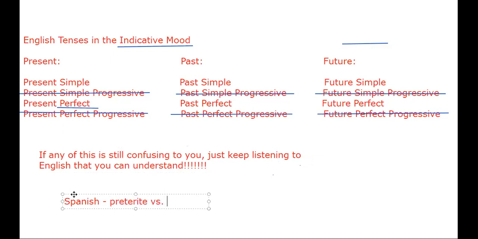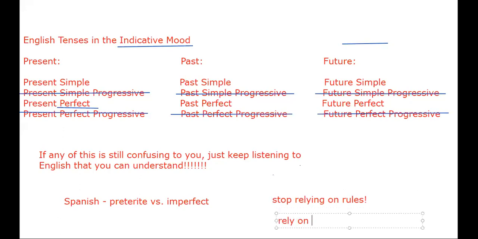People often struggle with that, but if you just stop worrying about the rules so much and just listen to Spanish, you'll start seeing why the preterite is used in some situations and the imperfect in others. So what I'm saying is this: stop relying on rules. Just stop. Rely on context to help you understand the difference.